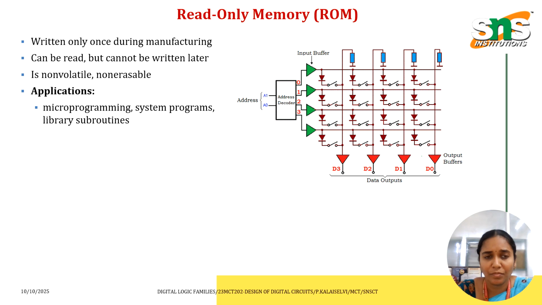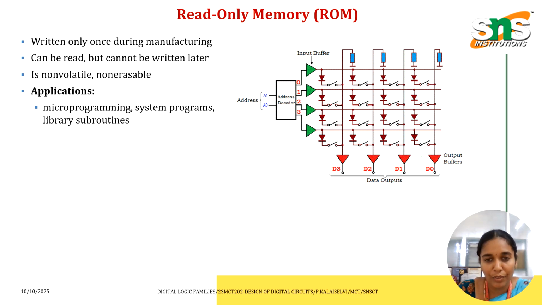Now let's see how read-only memory works. ROM is made up of a matrix of address lines and data lines connected through a diode and a transistor. I'm giving the pictures here. When a particular address is given, the corresponding stored data appears on the output lines.